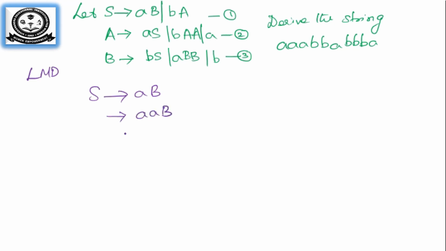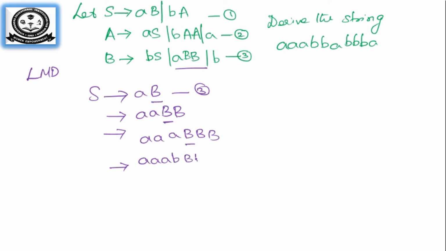So AAB, and again for this B I'm using rule number 3, so BB. Again I can use the same rule on the leftmost B. So you will have 3 A's and 3 B's. Now for this B, I will substitute B, so you will have AAA, B, BB.